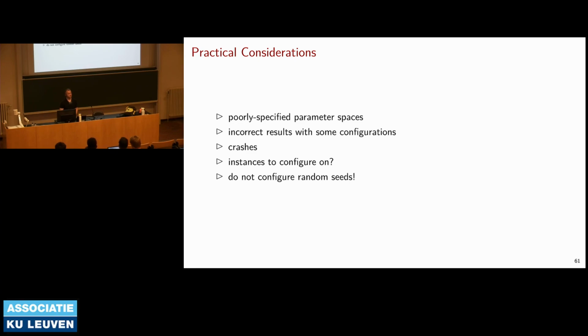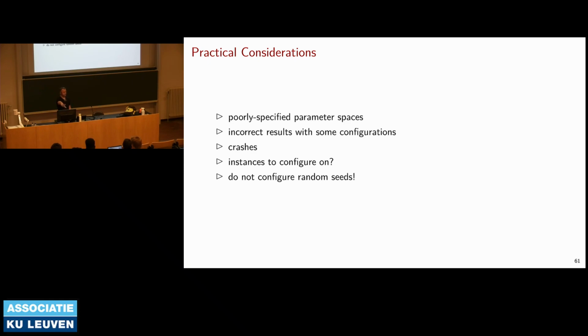And then we have to handle those, because if we don't, and if we optimize for runtime, then we have essentially something that finds a parameter configuration that crashes really, really quickly, because that runs really quickly, crashes immediately, but not quite what we had in mind when we set this up. So we do have to be careful there in practice.